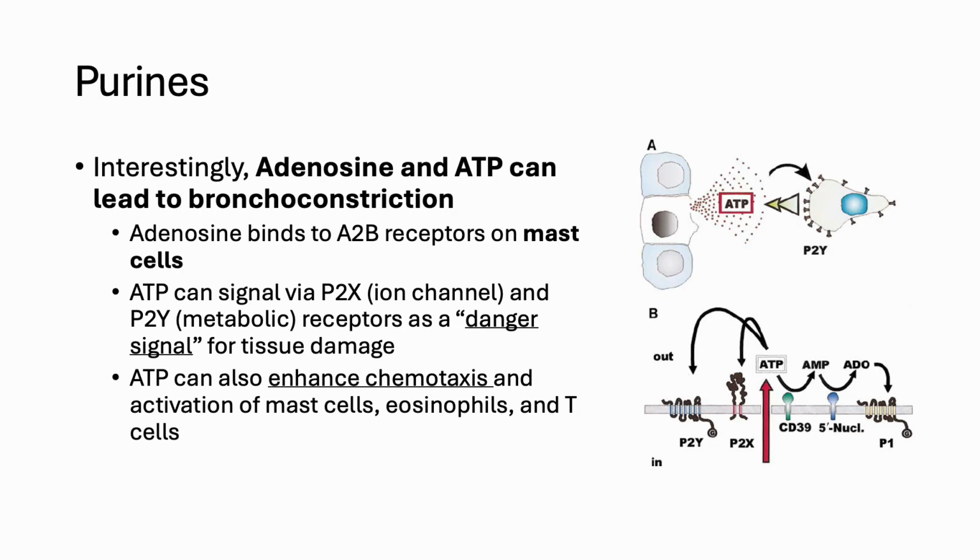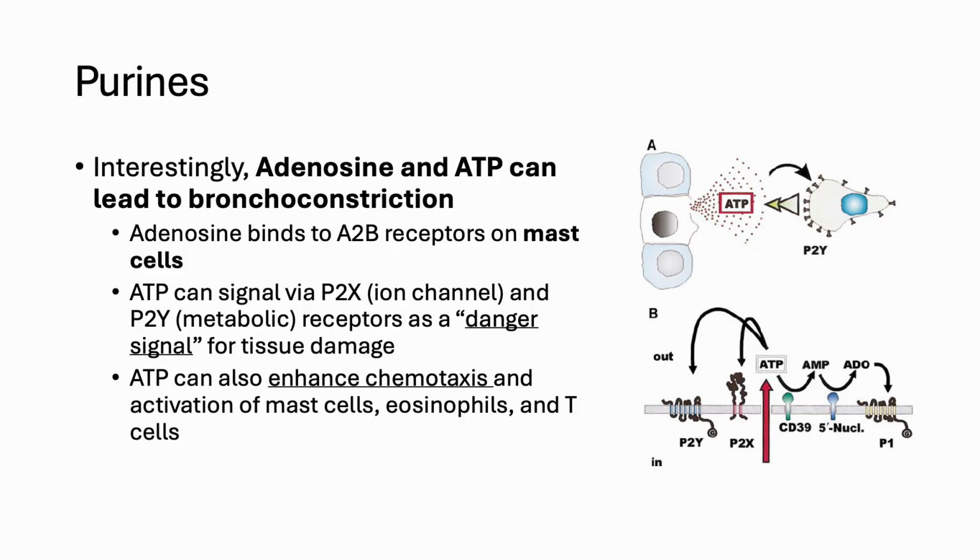So purines, so again, this goes back to that little fragment I mentioned about ATP, but purines, especially adenosine, can lead to bronchoconstriction. So again, this is taking them out of contexts in which you might have heard about them more commonly in biology, such as a metabolic context or even a genetic context. But yeah, these are inflammatory mediators as well.